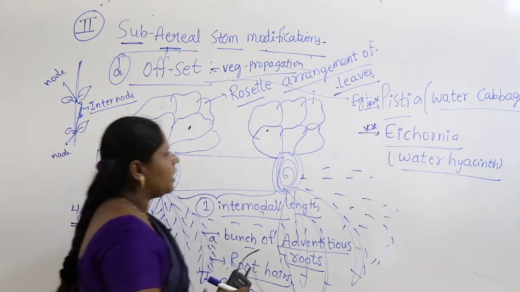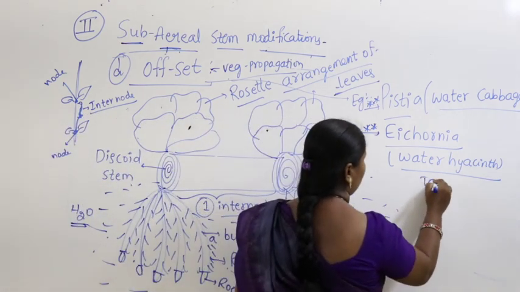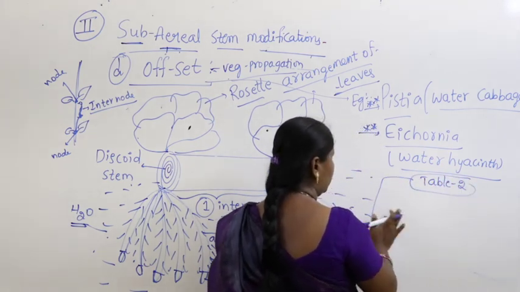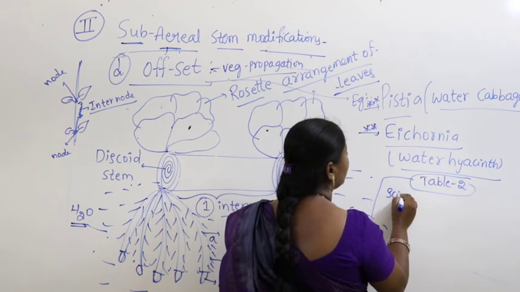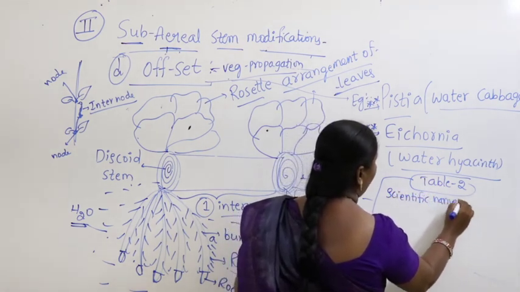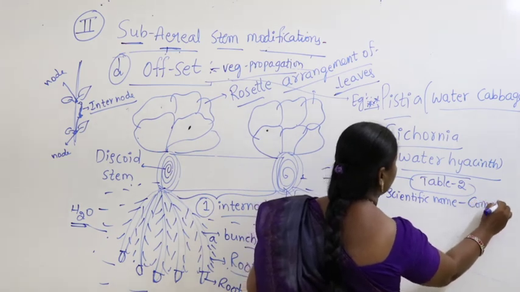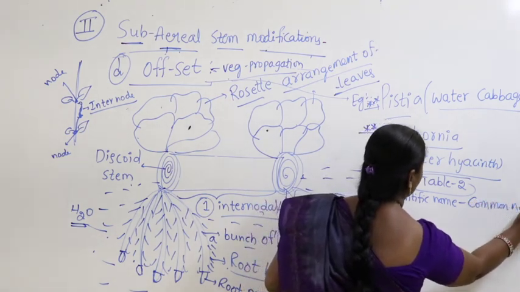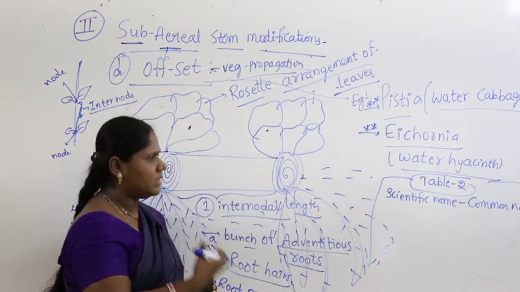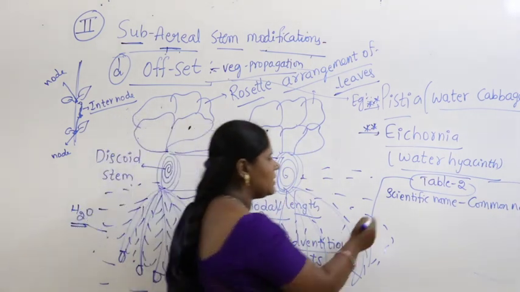Now up to this we have taken. Let us talk about table number 2. So what do we generally write in table 2? The scientific name of the plant and the common name. In table number 2 also we will take a few plants.